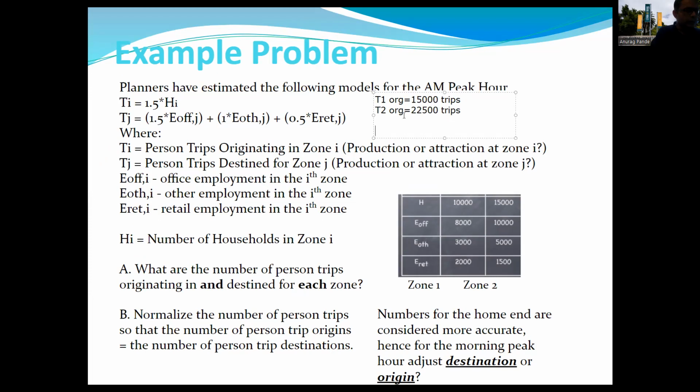And then if you look at the same thing from a destination perspective, basically applying the second equation here, T1 destination was equal to 16,000. And then T2 destination was equal to 20,750 trips.